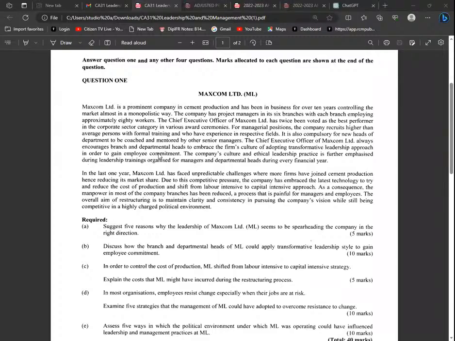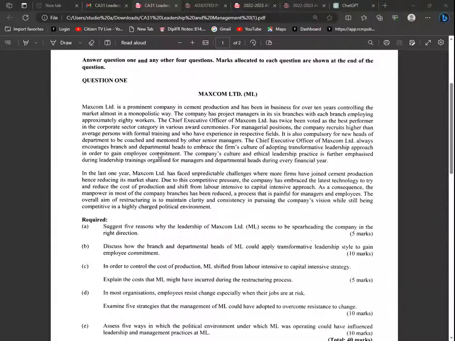The company's culture and ethical leadership practice is further emphasized during leadership trainings organized for managers and departmental heads during every financial year. In the last 1 year, Maxcom Limited has faced unpredictable challenges where more firms have joined cement production, hence reducing its market share. Due to this competitive pressure, the company has embraced the latest technology to try and reduce the cost of production and shift from labor-intensive to capital-intensive approach.